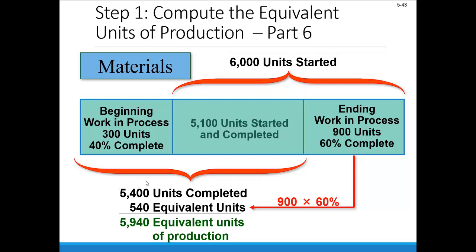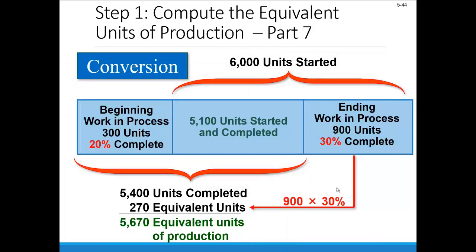We can assume that we finished the ones that were partly done to start the period, 300, plus another 5,100 that we started and finished this period. But again, that doesn't really matter for the weighted average method. Bottom line, finished 5,400 and transferred them out. Then we had the 900 units in ending work in process that were 60% done with respect to materials. So there's our 540 equivalent units of production. Same idea for conversion, right?